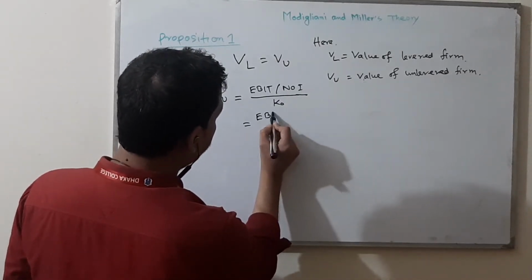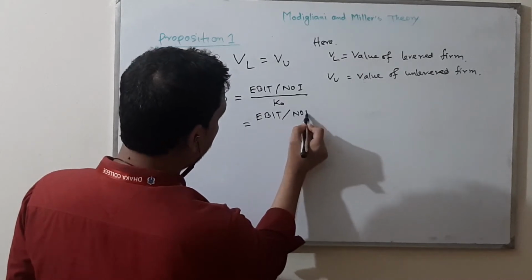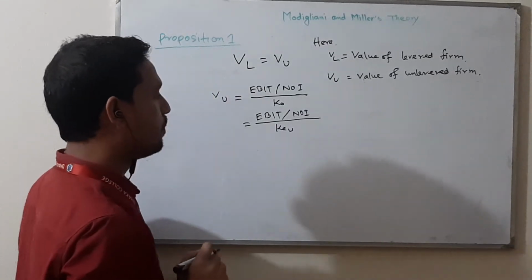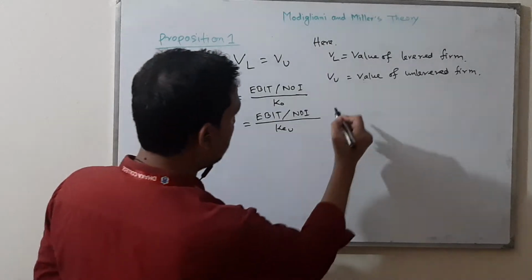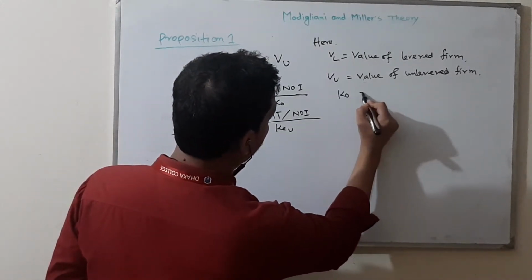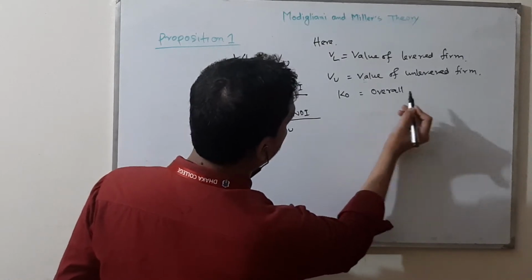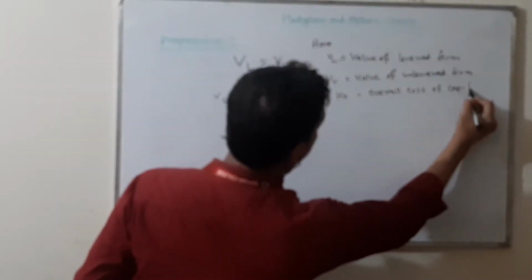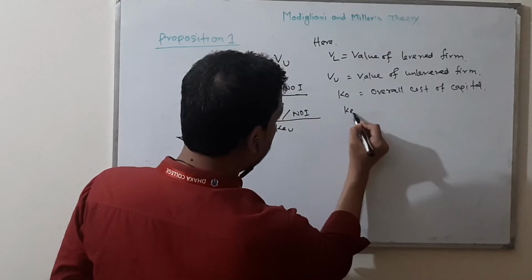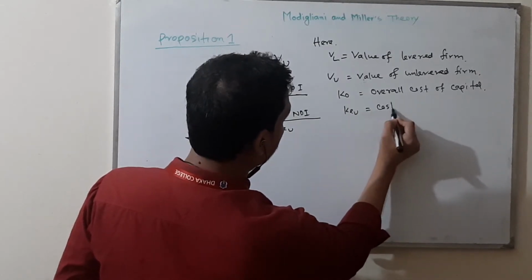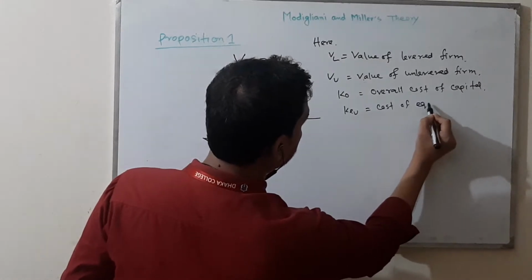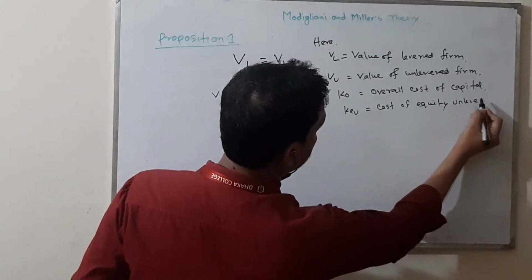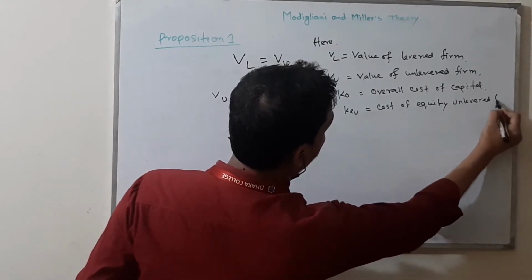Or it can be expressed another way: EBIT or NOI divided by KEU, the cost of equity of the unlevered firm. So here KU is the overall cost of capital, and KEU is the cost of equity of the unlevered firm.